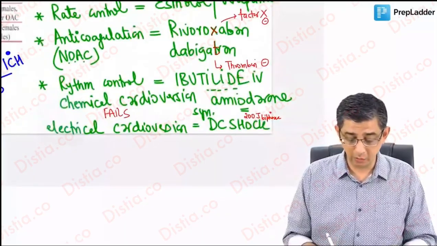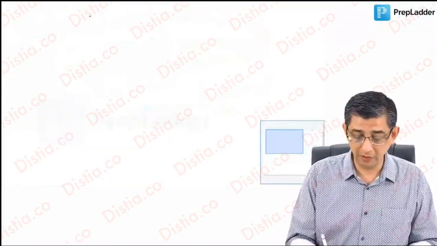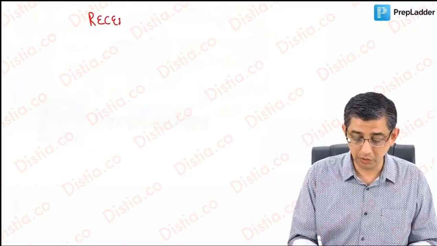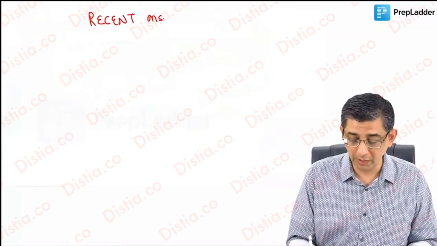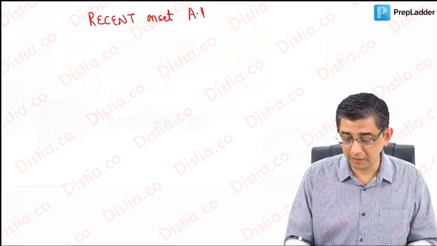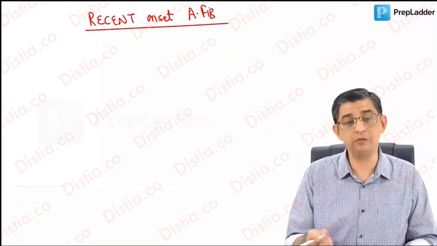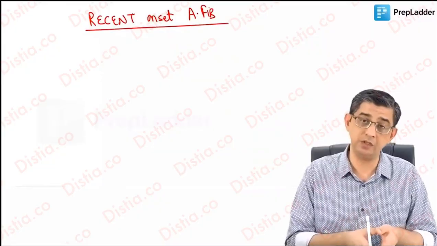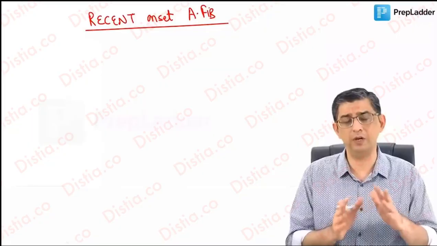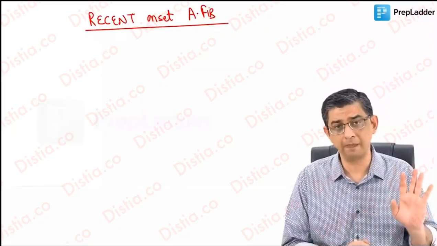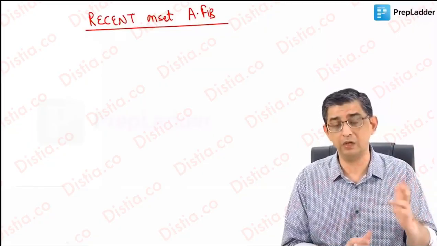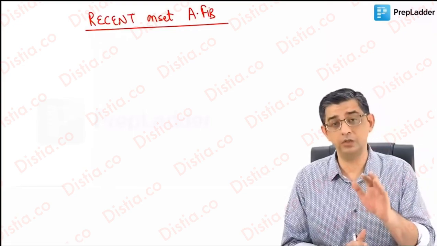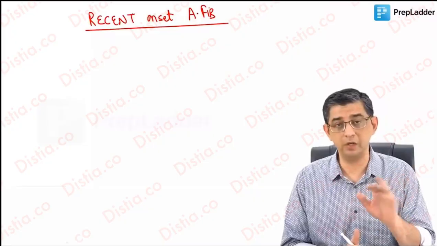Now, at this juncture, I also want to tell you that if somebody is having a recent onset atrial fibrillation, though there is no such way of knowing it, let us just create this ideal situation. Like somebody had atrial fibrillation developing for the first time in his life 6 hours back. He's admitted in the hospital for some other reason, and during the monitoring, it was found he has gone into atrial fibrillation. Thanks to the vagus nerve, thanks to the AV node, heart rate is still being preserved.